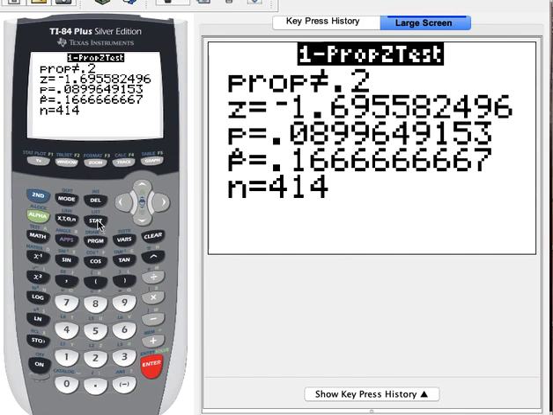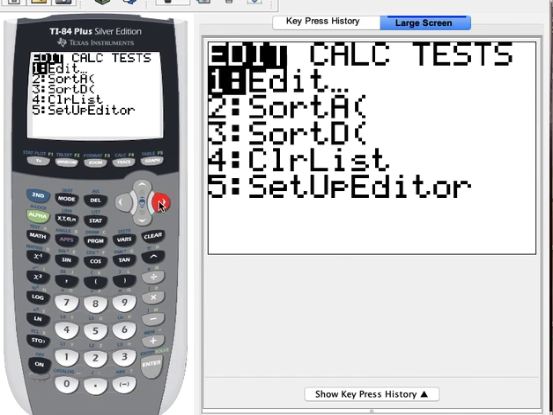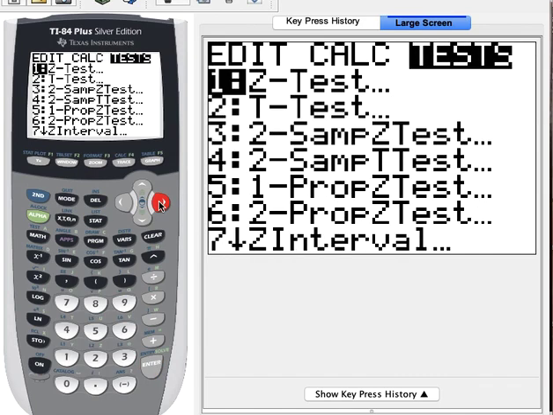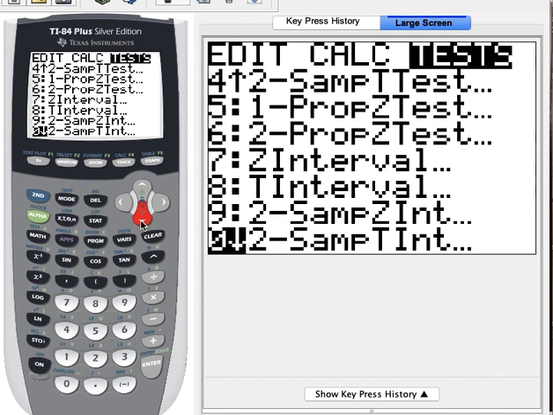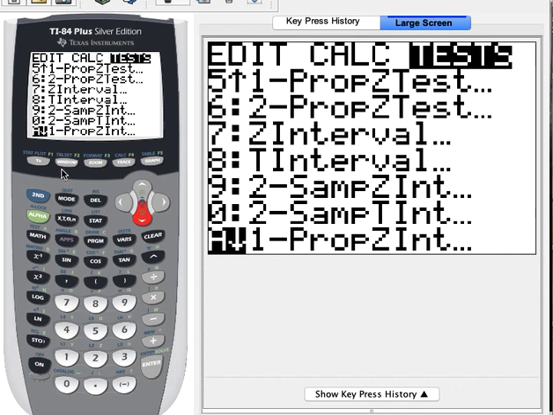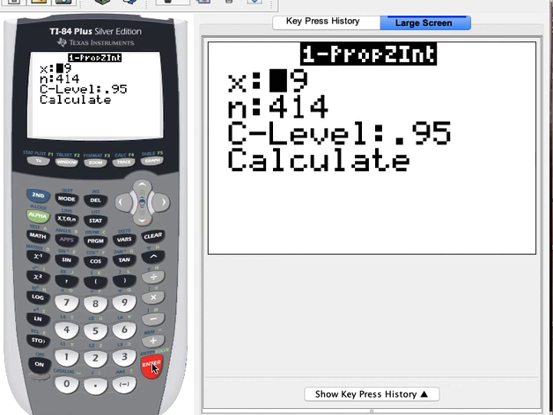So if you go to stat and you go to tests, we are working with one proportion. So what you want to do is scroll down until you get to what's called a one proportion z interval right there. I'm going to highlight that and press enter.